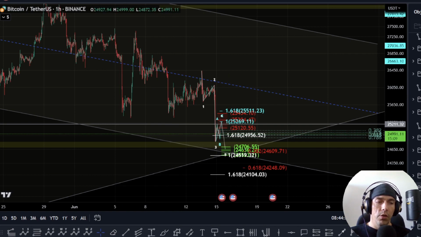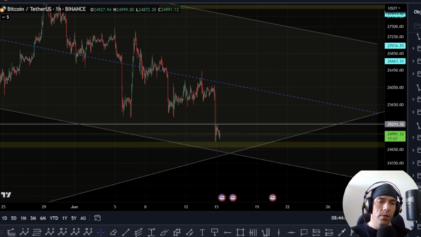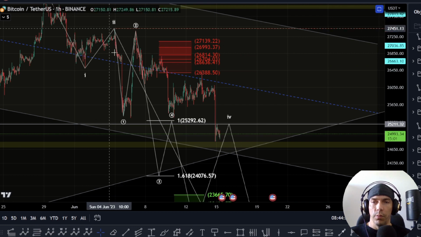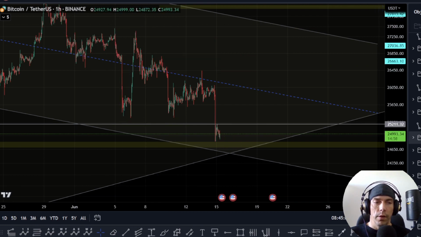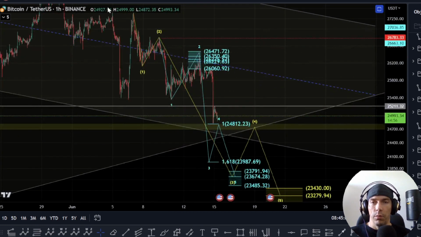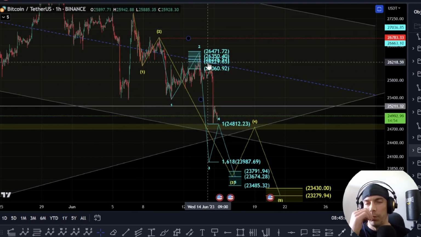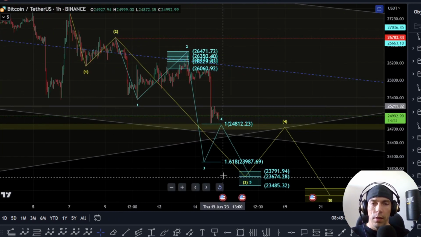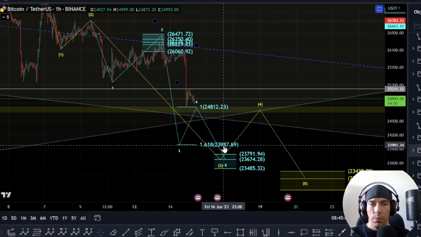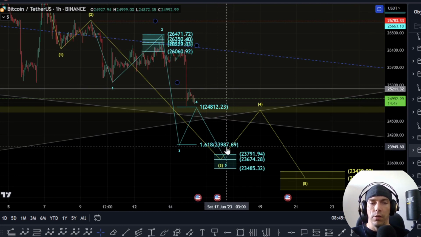Now, the more bearish count within this would be saying that we're looking for a bigger breakdown here. What we'd be looking for effectively would be that possibility of a series of 1s and 2s over here, and that we're actually breaking down within this count, and we're still within this blue 3rd wave. Now, the key area here I'm keeping an eye out for would be this 23,987.